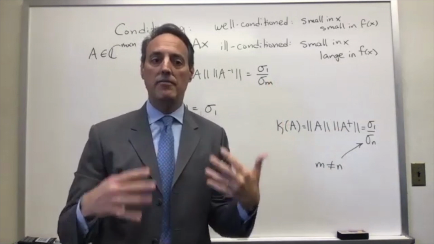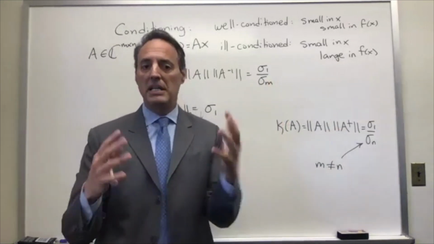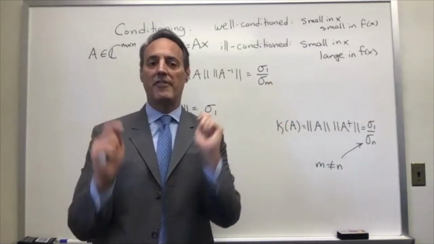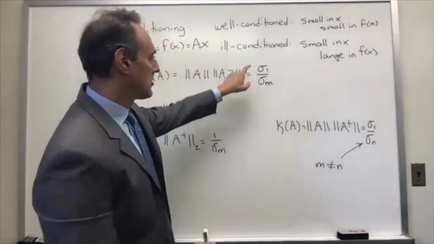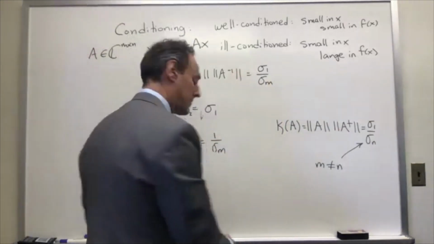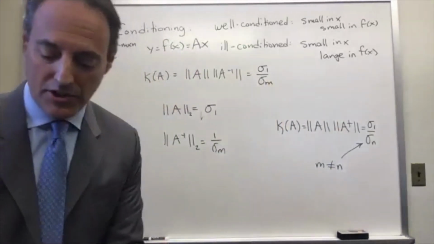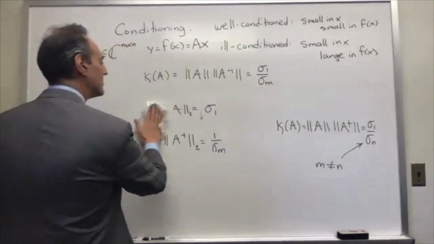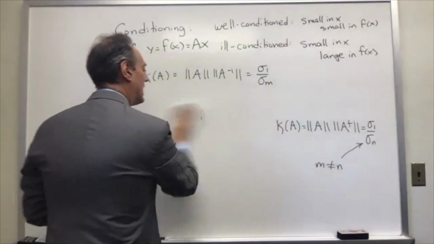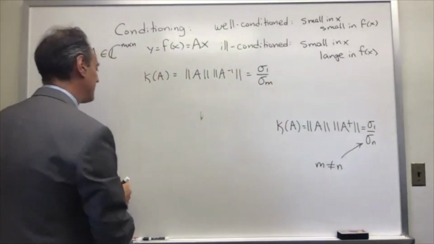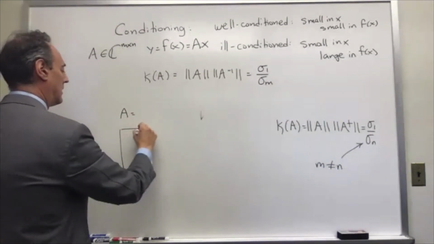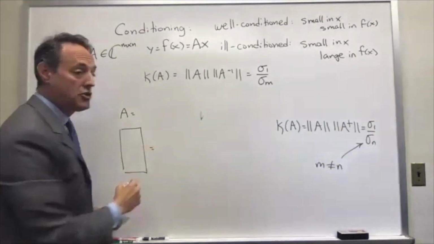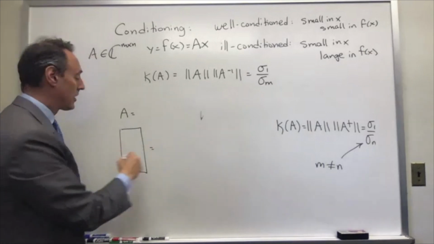So what does it mean for a matrix to be ill-conditioned? Like, what is the physical interpretation of that in Ax equal to b? And all of it sits right there in understanding this. So let me draw this for you, and let's start interpreting it. I have a matrix A. And when I do the SVD of a matrix, what do I get?